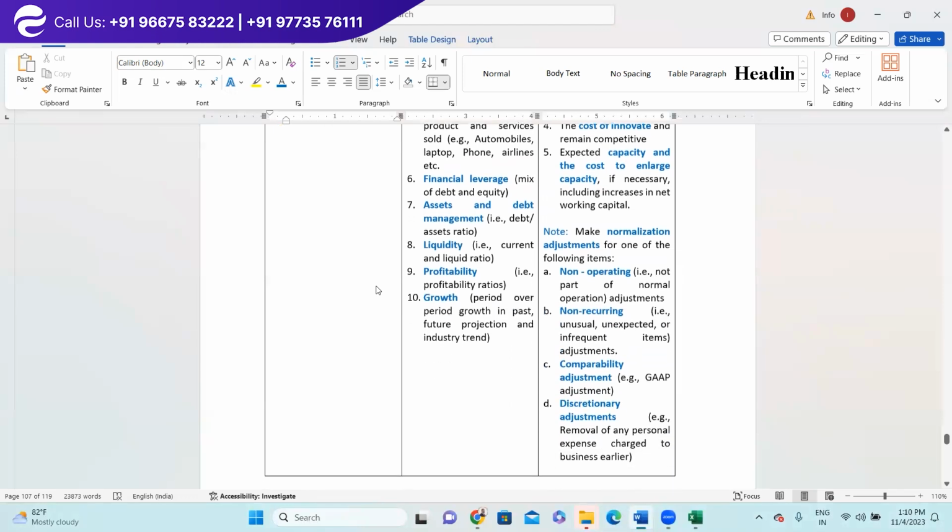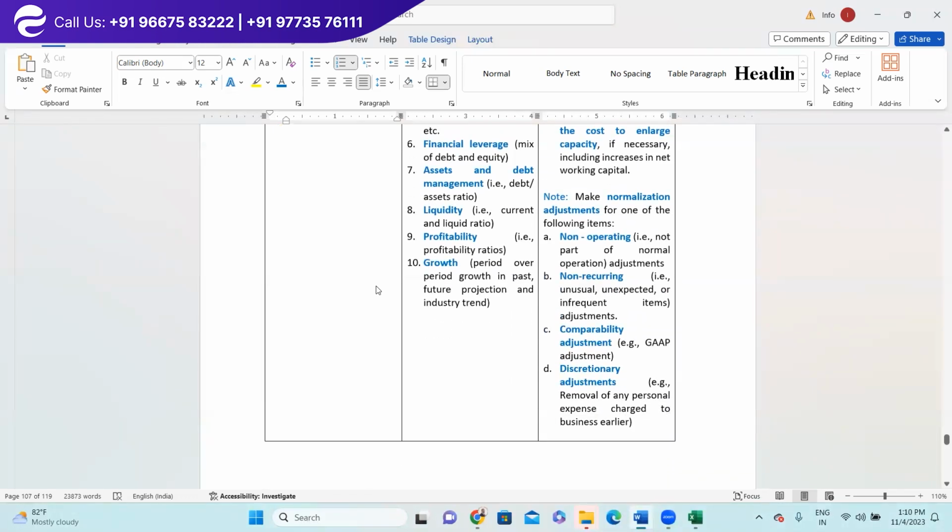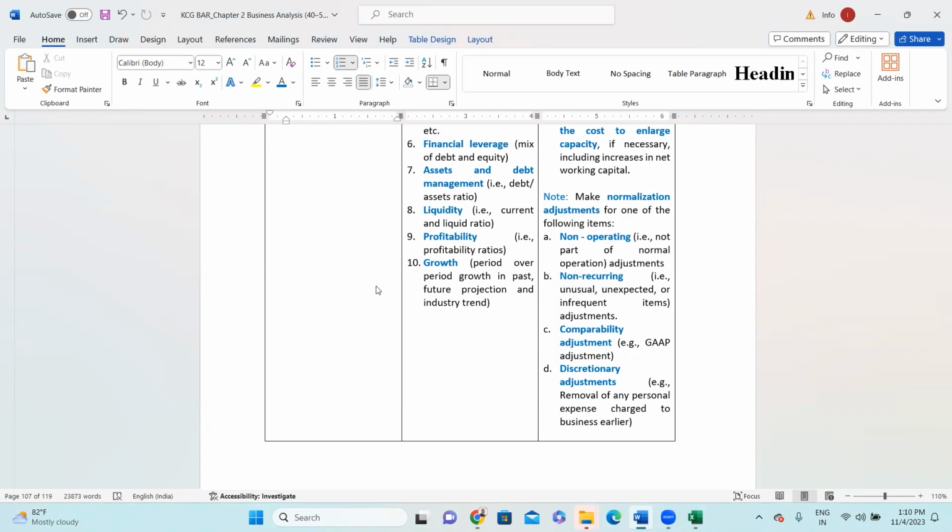Note over here is to make normalization adjustments, one of the following. So you need to keep in mind the following adjustments to make sure you are using normalized profit or normalized expenditure when you are calculating the future cash flows, projecting future cash inflows and outflows and putting them into present value.